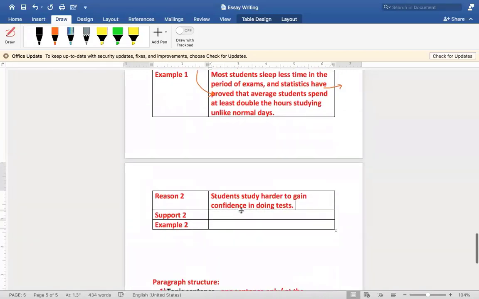Students study harder to gain confidence in doing tests. Hi guys, is this a second reason? Yes. Who can give me a supporting sentence?